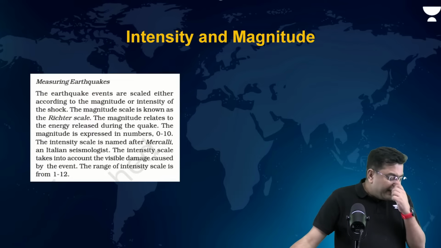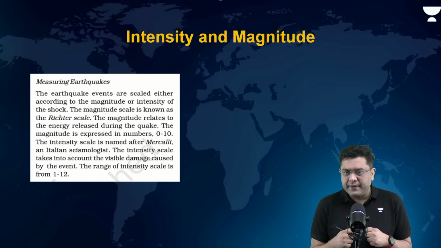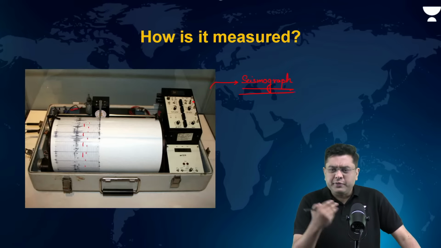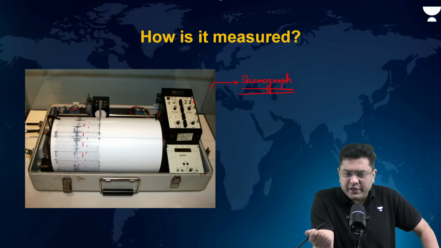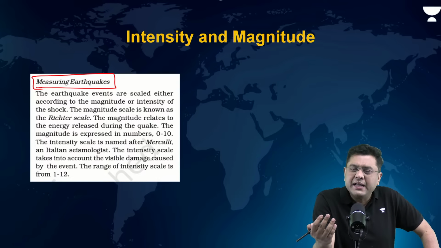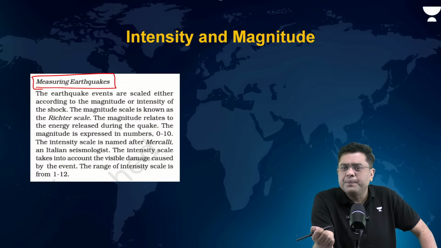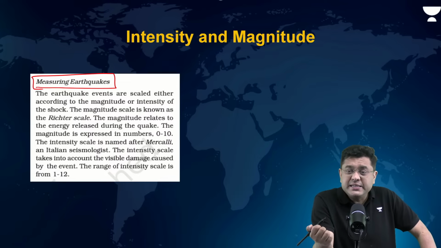But there are various concepts about measuring an earthquake. Let us understand that. The seismograph and all these are modern inventions of the 20th century. But imagine 2000 years ago, or 1000, or 500, or even 200 years ago. If an earthquake occurred in a region, would people be able to measure the amount of energy?